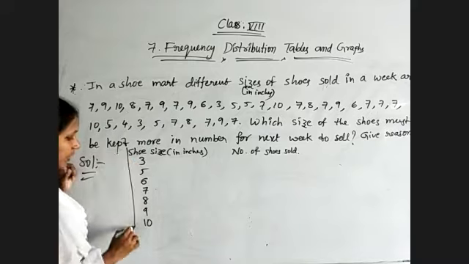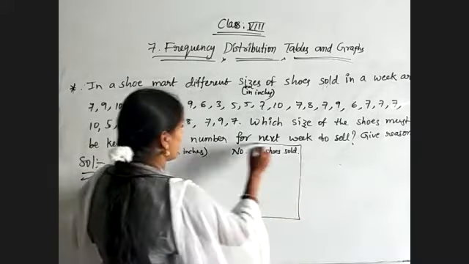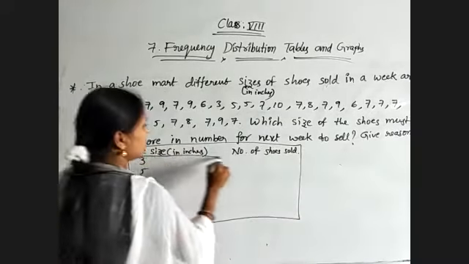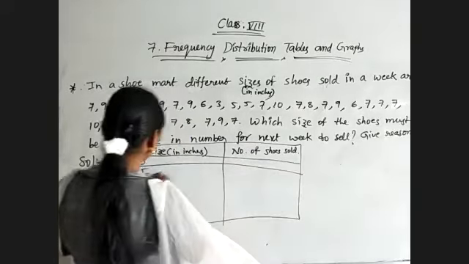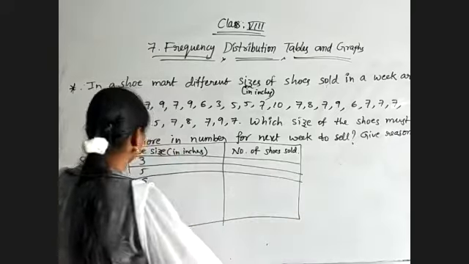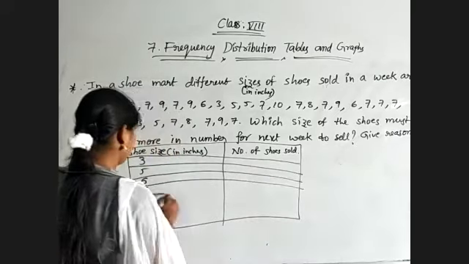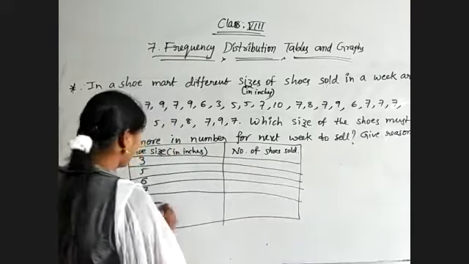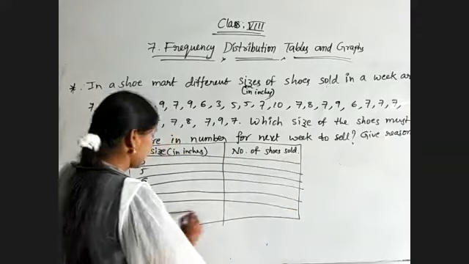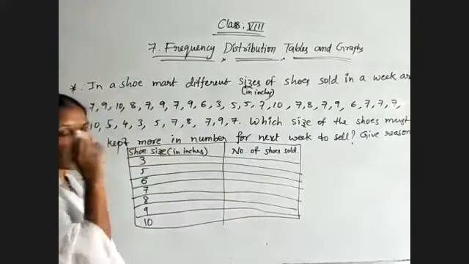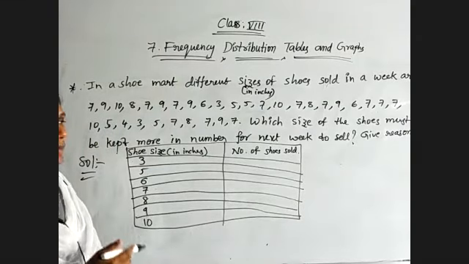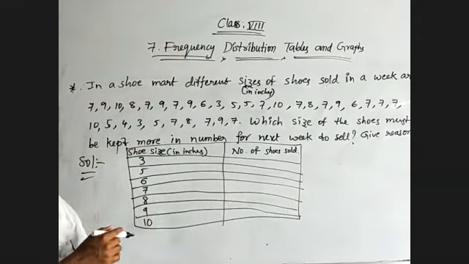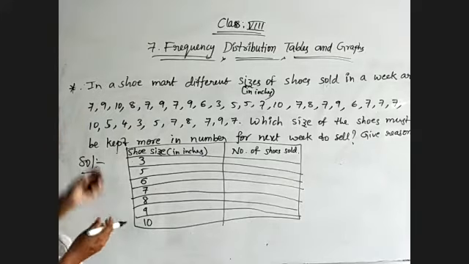So first we are preparing a table for that. If you write in ascending order or descending order, that also is no problem. By writing it like that, counting how many times each came becomes easy. So now observe 3. How many times did it come?